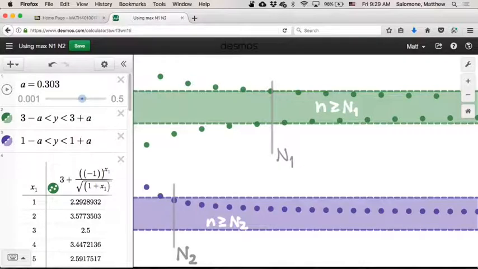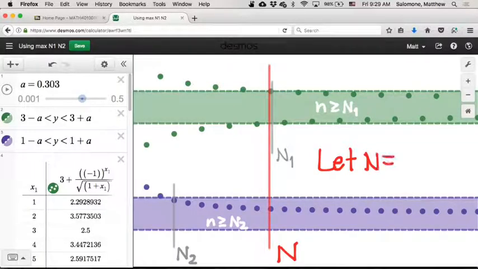So how can I write that? This will actually look kind of like a formula. Capital N is just going to be the larger of my two n values. So I'll write it as the max of N1 and N2.